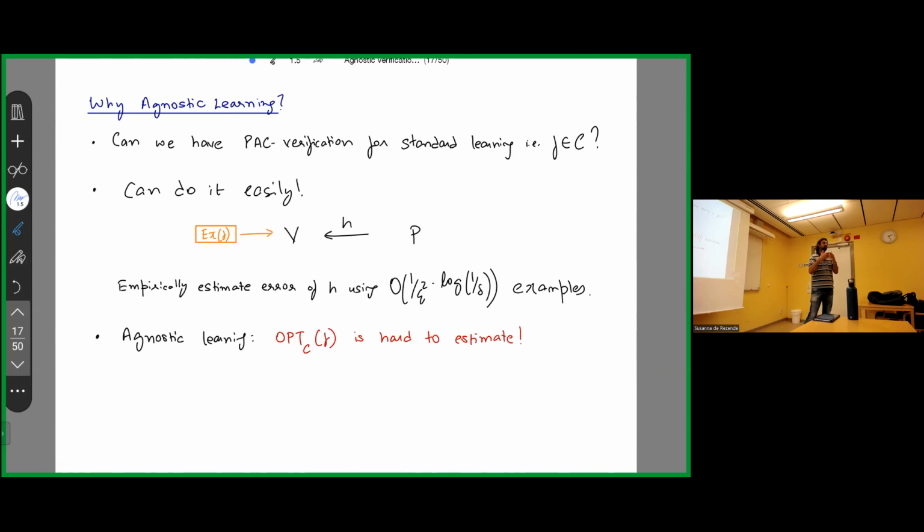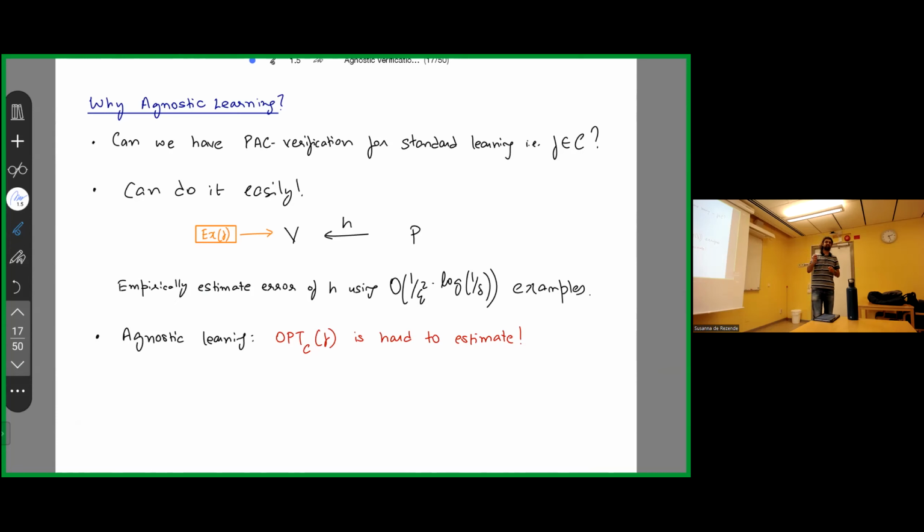And using a Chernoff bound, you can easily differentiate between a good hypothesis and a bad hypothesis. So this model becomes a bit easy in this case. All realizable learners can be verified in this sense.